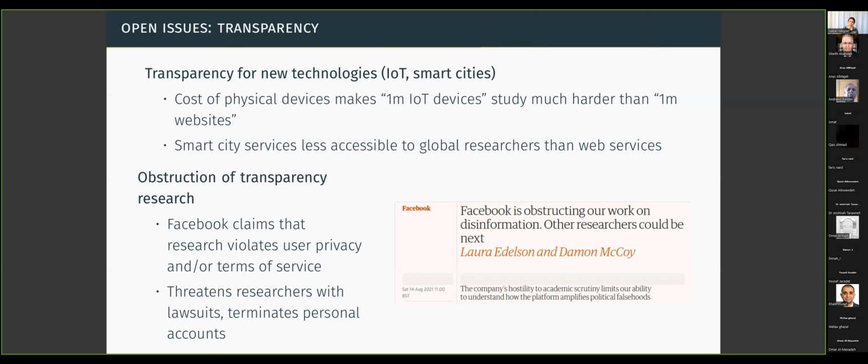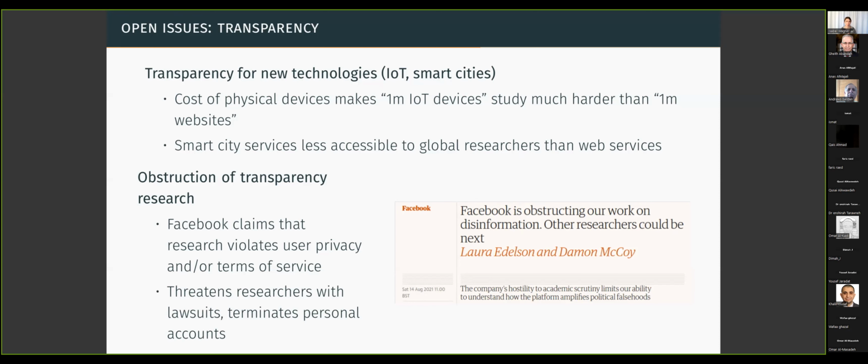Another big open issue in this space is that some of the big tech companies have attempted to obstruct transparency. Unfortunately, another Facebook example here. In this particular case, Facebook sued some researchers at a university in New York.